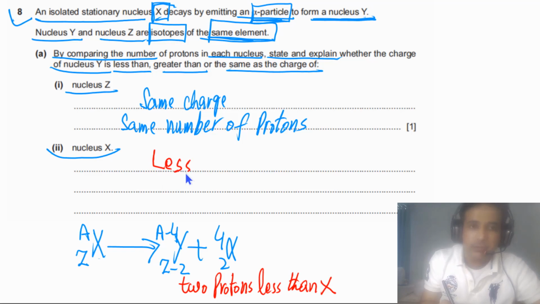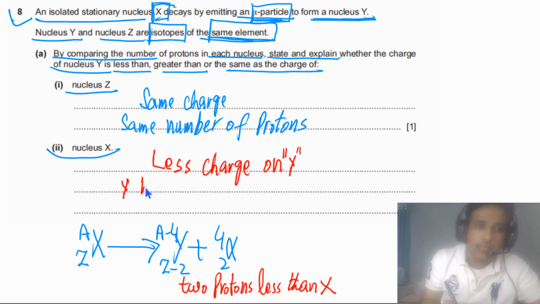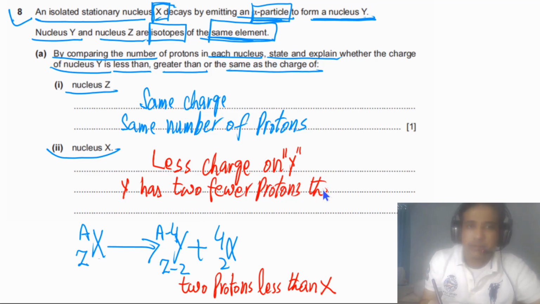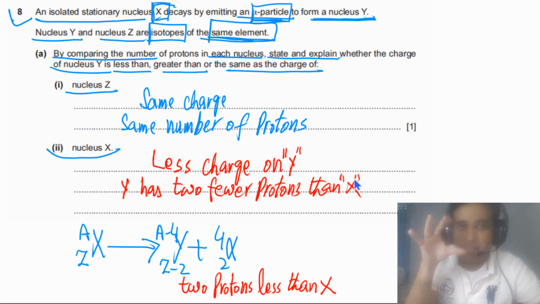So we can say less charge on Y. Now we need to explain why: because Y has 2 fewer protons than X. So that's the reason Y has less charge.